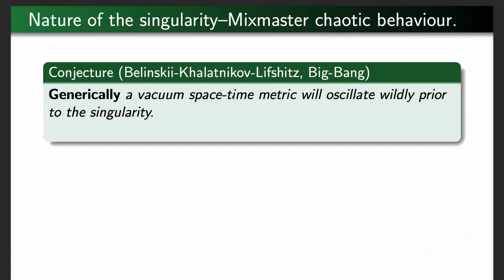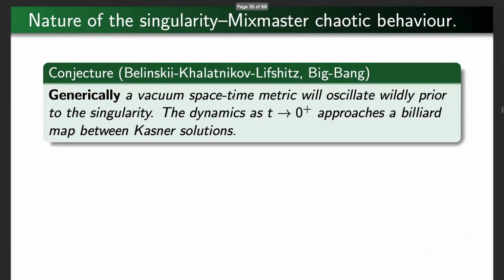All right, let's go back a slight bit to the cosmological setting, and let me try to connect them. The prediction for cosmological singularities, for initial Big Bang singularities, by Belinski, Khalatnikov, and Lifshitz is that generically, and that is very important to stress, generically, a vacuum spacetime without any homogeneity, a generic statement about the set of all possible initial data, will oscillate wildly prior to the singularity.